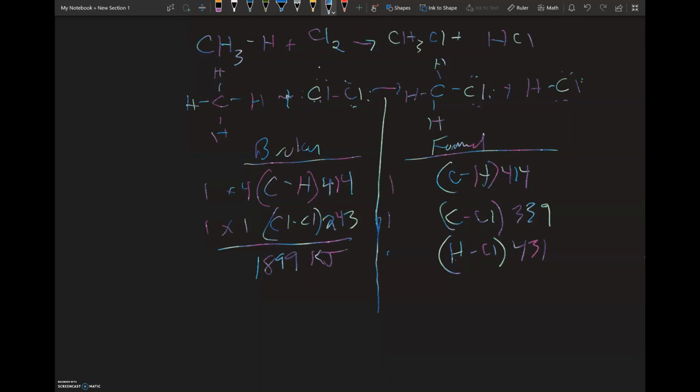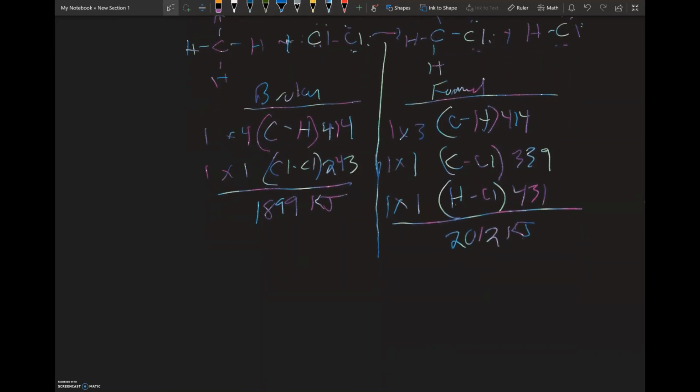If we look at the balanced equation, we can see that there's still one of each, so each of these are going to be 1 times the number that you count. So the CH, there are 3, the CCl, there's 1, and the HCl, there's 1 here. So we're going to multiply across and then add them together. So 3 times 414 plus 339 plus 431, that gives me 2012 kilojoules for the product side.